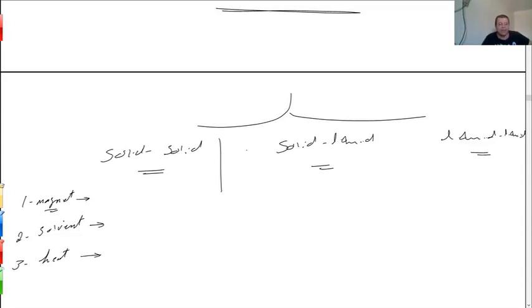There are three actions we have for the solid-solid mixture. Action of magnet, if you have magnetic and non-magnetic. Action of solvent, if you have soluble and insoluble. Action of heat, if one of the components can convert directly into gas, like iodine. This is for the solid mixture.